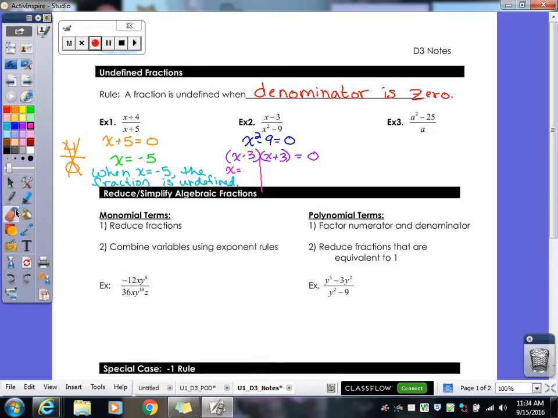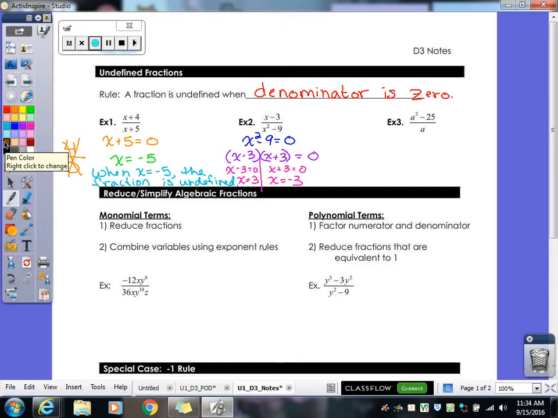So we set them both equal to 0. x minus 3 equals 0, x plus 3 equals 0. So we actually have 2 answers this time. So if x were to equal either 3 or -3 this time, our fraction would be undefined. So there's 2 of them.